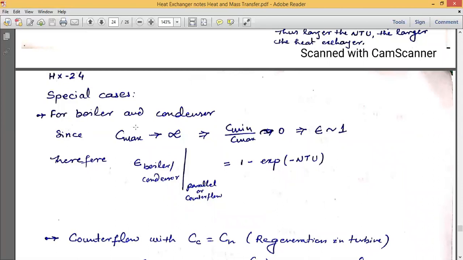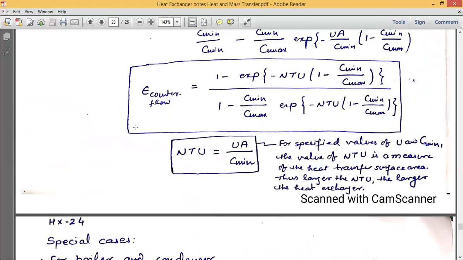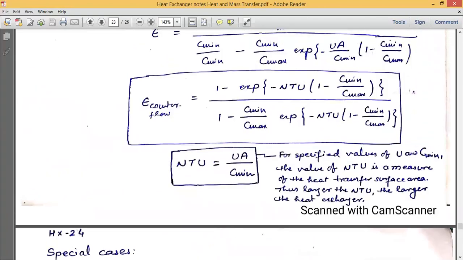In the case of a boiler, the cold fluid has an infinite heat capacity rate. In the case of a condenser, the hot fluid has an infinite heat capacity rate. In both cases, the maximum heat capacity rate tends to infinity. Therefore, the ratio C minimum upon C maximum will become 0.